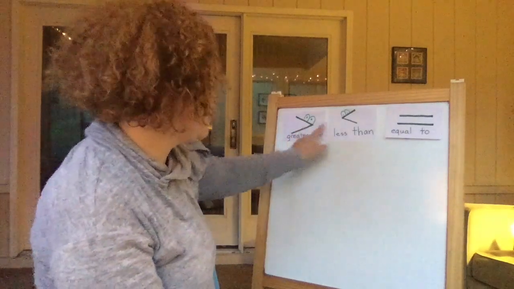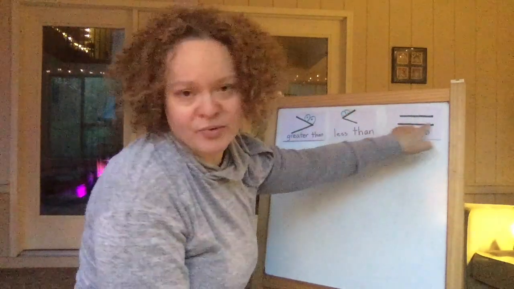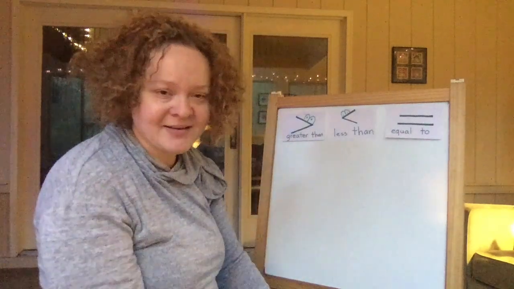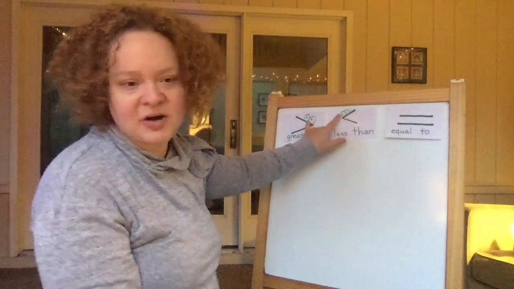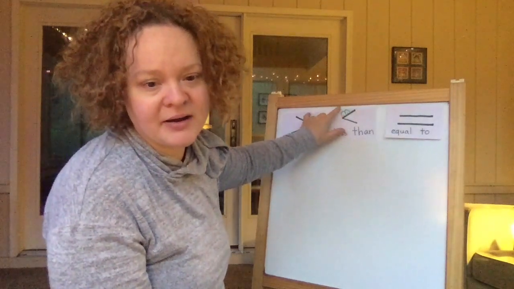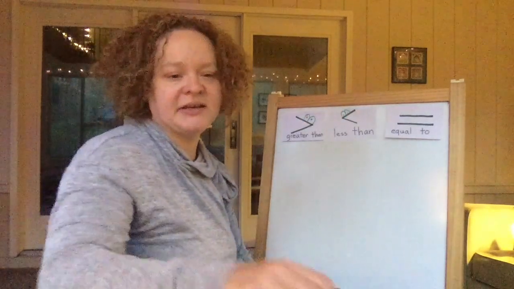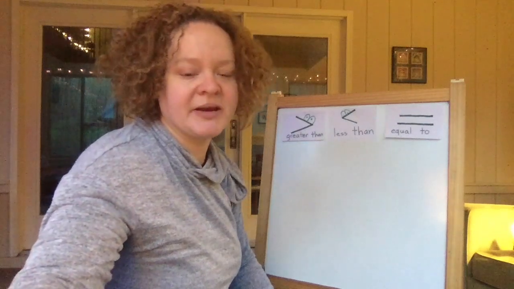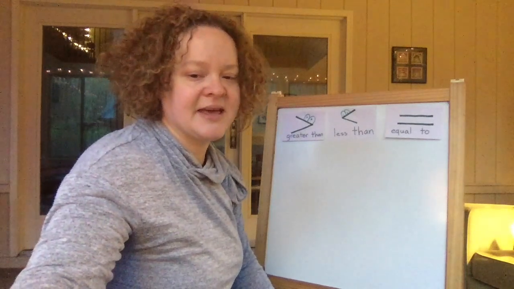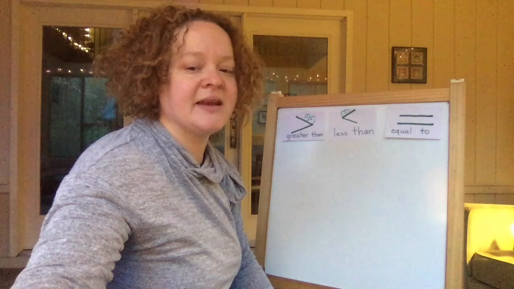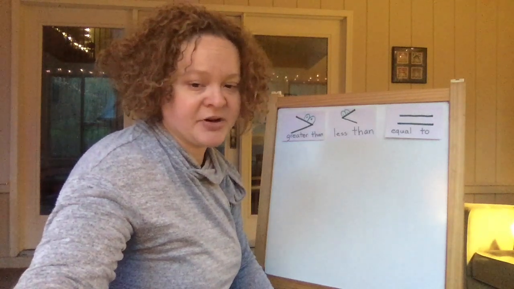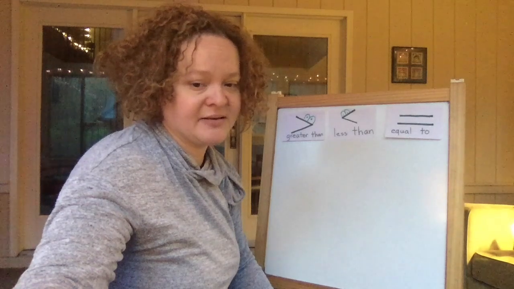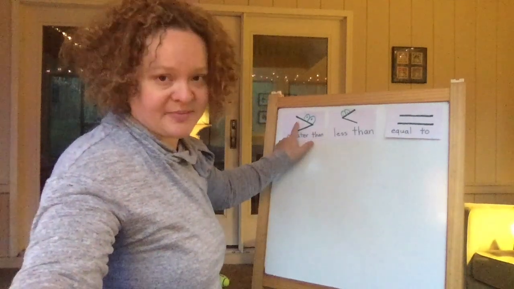It'll have boop, boop, boop. So if you open that, then you can look. And these symbols are on your keyboard. You just need to use the shift button and hold it down, and then that button that you usually press for a period. If you press shift and that button, it'll make this symbol.